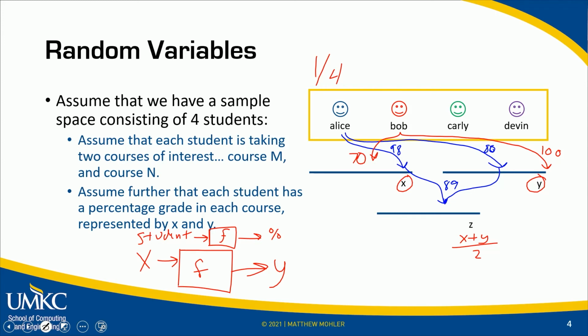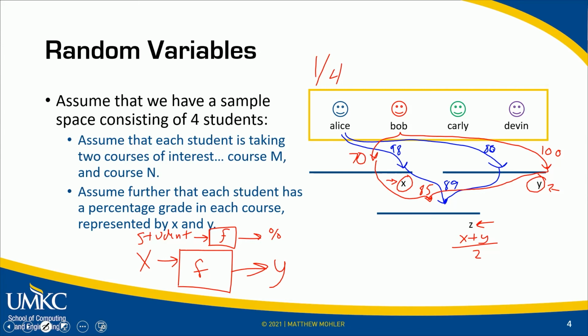And if I do the same thing for Bob, I can take this information here and say that Bob has a composite 85 points out of 100 in his courses on average. So what we've looked at now is we have some initial values here, this X and Y, but then we've utilized those values to create some new value Z. And all of these are examples of random variables.